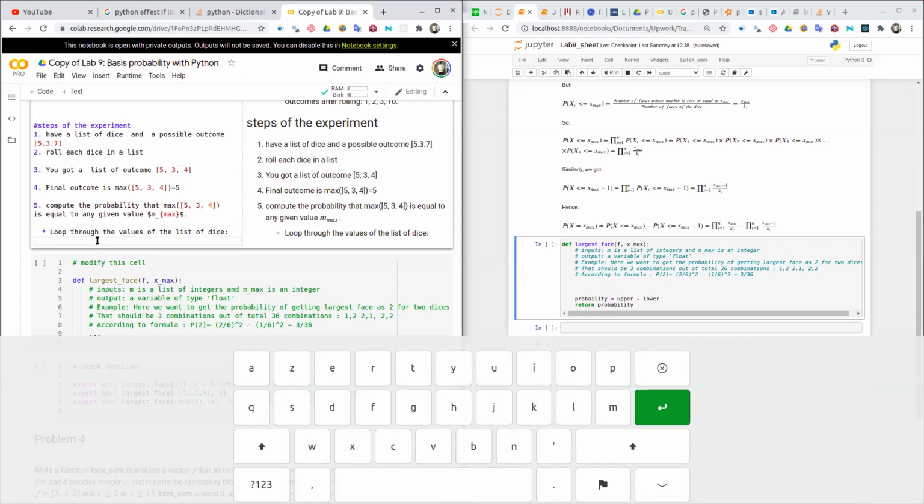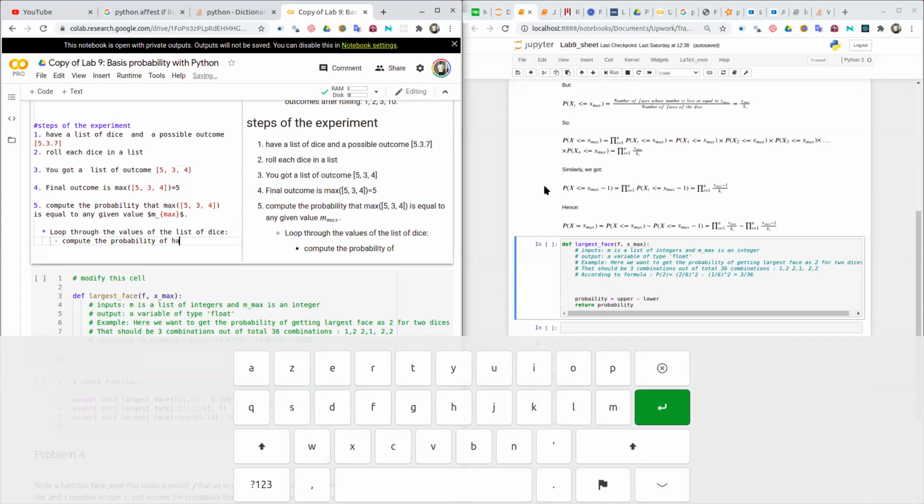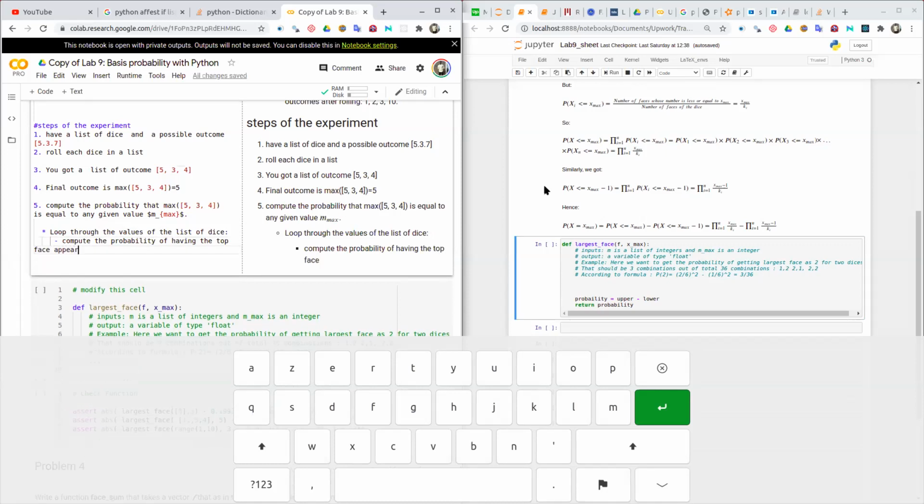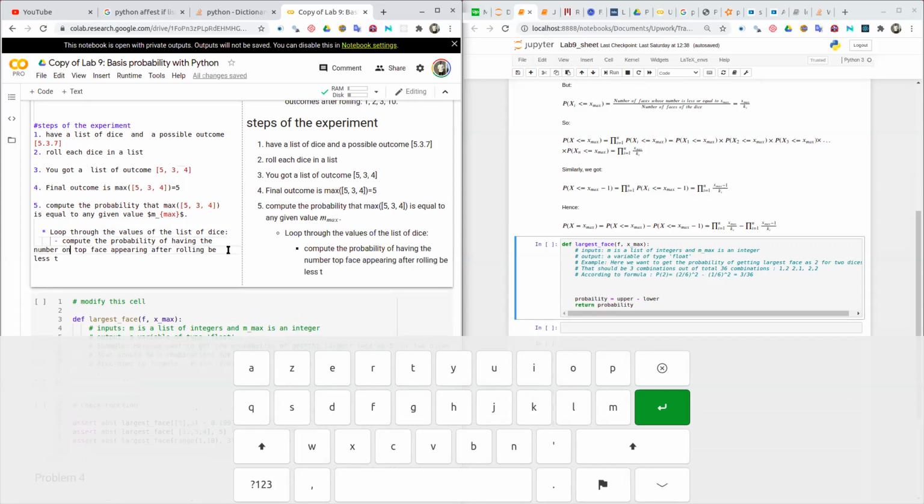For each value, at the first step, you compute the probability of having the top face appearing after rolling be less than or equal to M max.